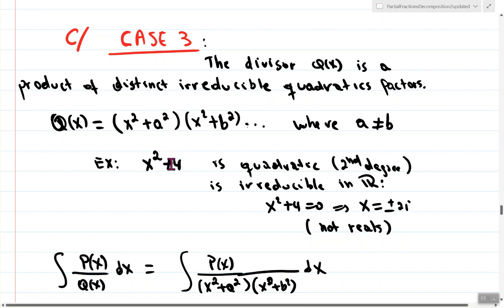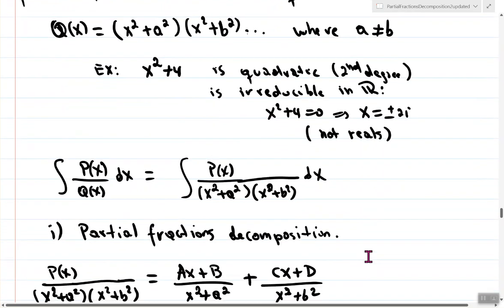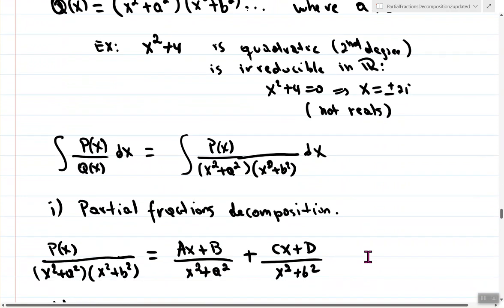If you set this equal to 0 and try to solve for x, you will only get complex or imaginary solutions. You will never get real solutions. So those quadratics are irreducible over the real numbers. So this is case 3. Now, what is the partial fraction decomposition in this case?